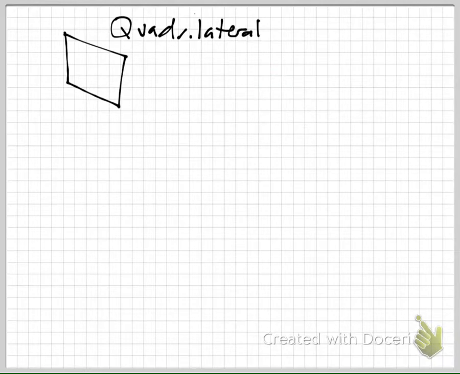Okay, what about this? What if there are two sets of parallel lines? First of all, that looks like it could be two sets of parallel lines, right? How would I tell you that they were parallel? I could go like this with one arrow, and then here I would go two.